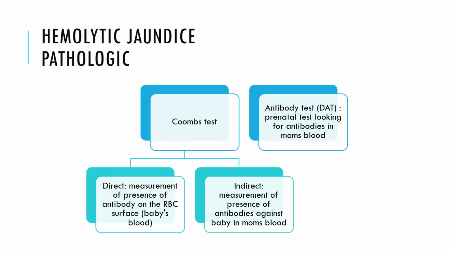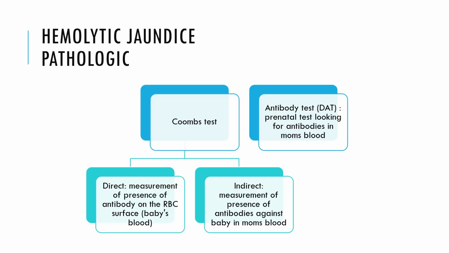And this can cause hemolytic jaundice when it happens. It can be a significant cause of anemia when it occurs in its most severe form, which we'll talk about in a little bit. And so we often do this to just assess whether that is happening or not. There's two different types of Coombs tests, and they're both detecting antibodies on a red blood cell surface. It's just talking about what red blood cell we're looking at.